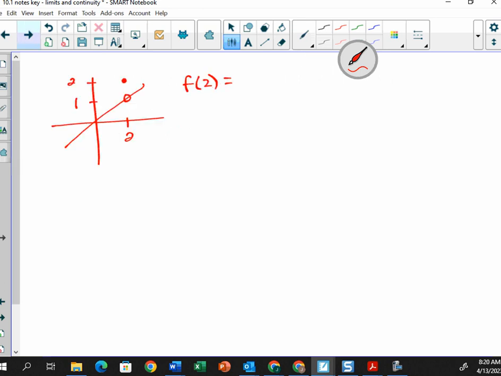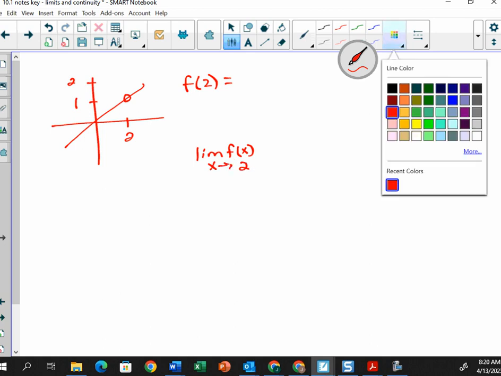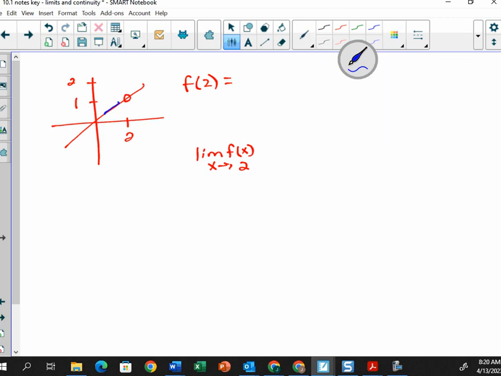So like this graph I drew over here, if I asked you the limit of f of x as x approaches 2, you look from either side. I'm closing in here and here. What y value is it getting really close to? You'd say that's 1.